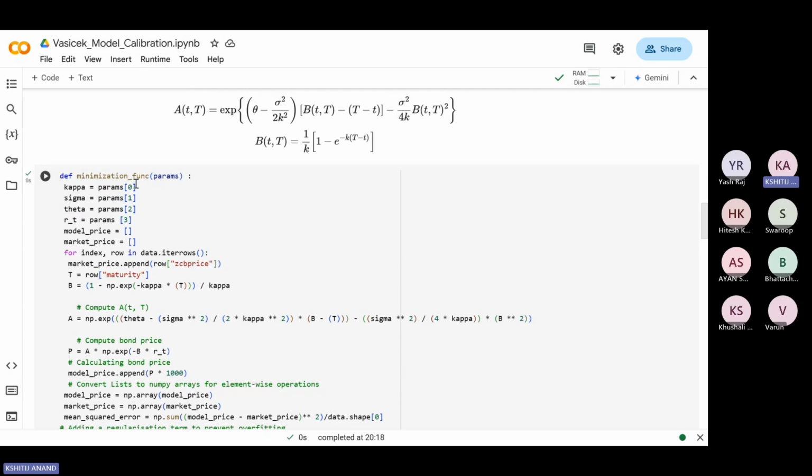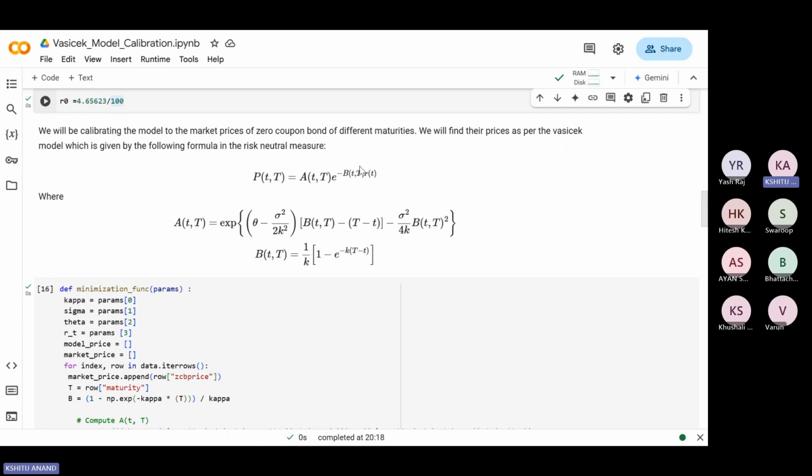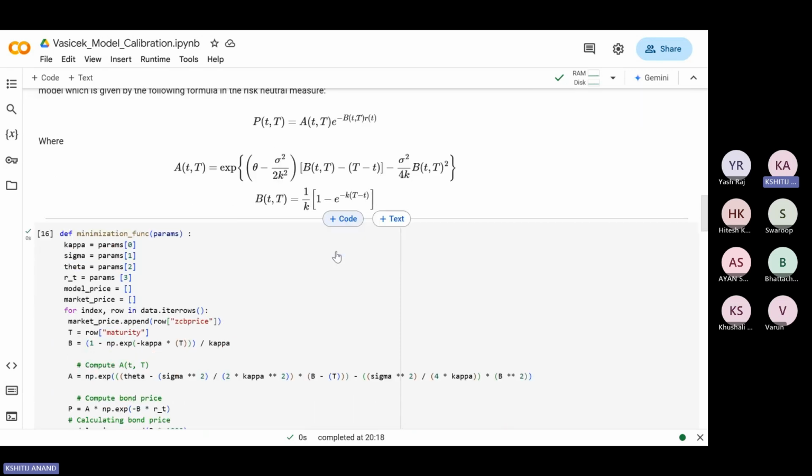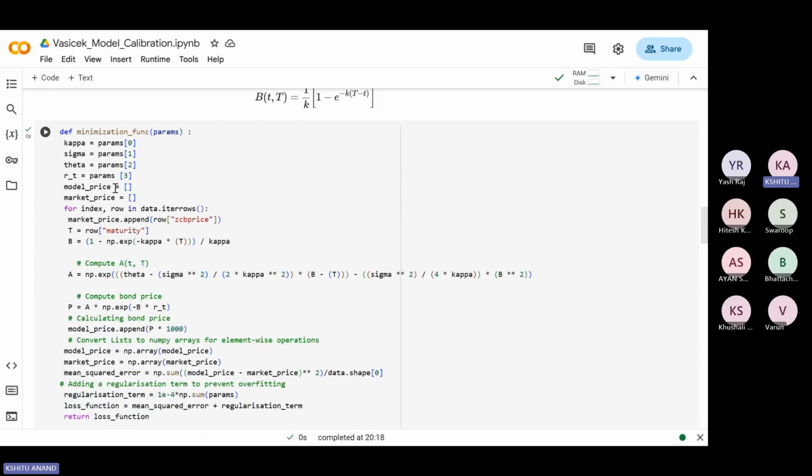The first element of the list corresponds to kappa, which is K, the mean reversion speed. Sigma is again the volatility. Theta is nothing but the mean reversion level. And this RT is the rate at the time at which you are calculating the zero coupon bond prices. Since we are calculating it right now, RT will be nothing but R naught, because small t is zero. Now let us store the model prices in a list and the market prices in a list.